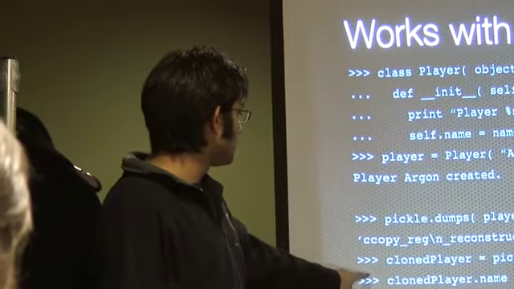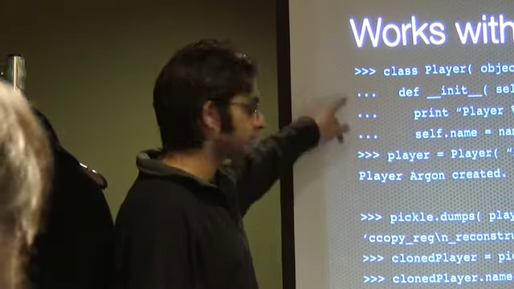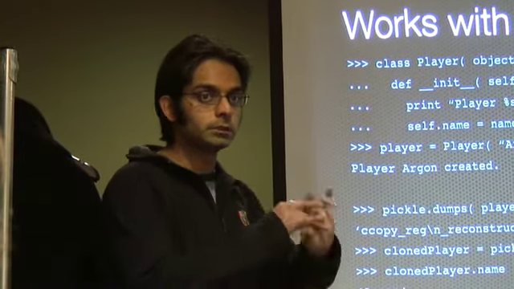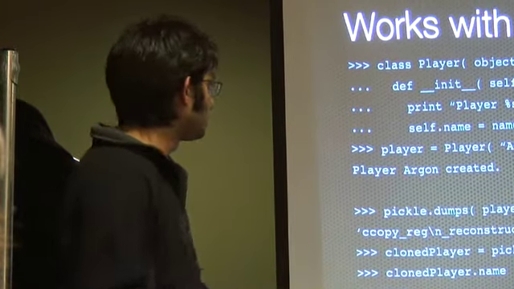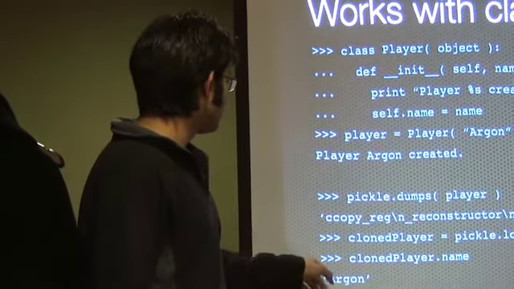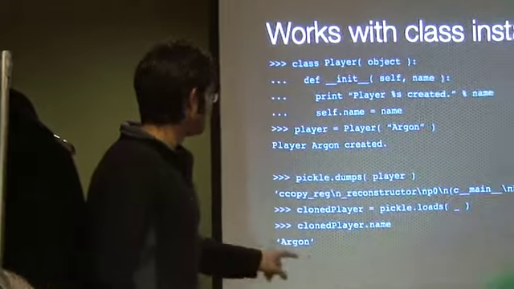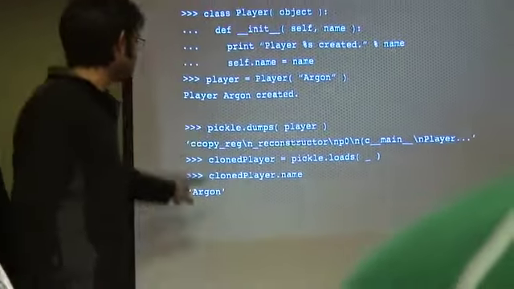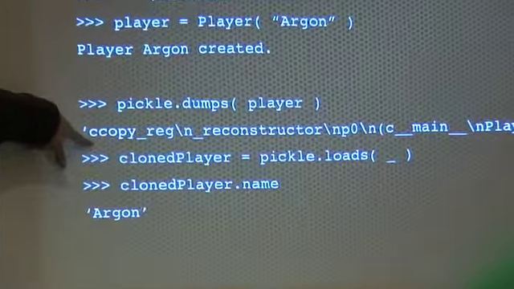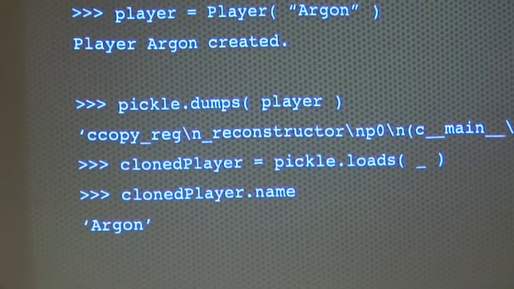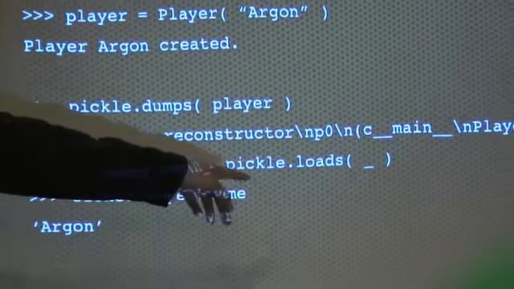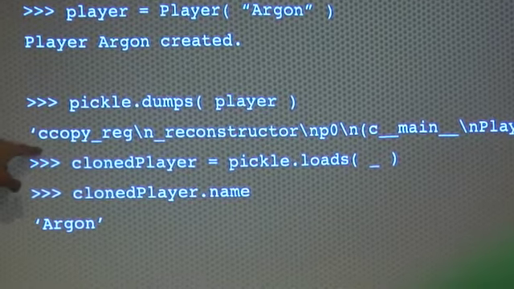And essentially, in Python, this is sort of like a copy of an interpreter session. When you just type Python, you're in the interactive interpreter. One neat thing about it is that the variable underscore just means take the last thing that I evaluated. So it's just shorthand for saying load up that thing that I just pickled.